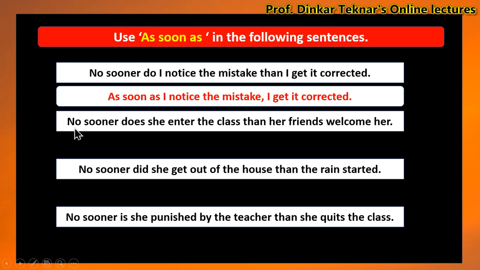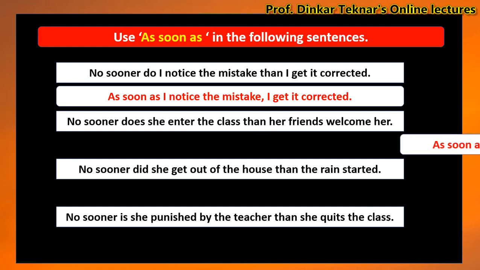Now look at this sentence. No sooner does she enter the class than her friends welcome her. Here the auxiliary verb does is used. So when we remove does, the main verb will take s, and than will be replaced by a comma.